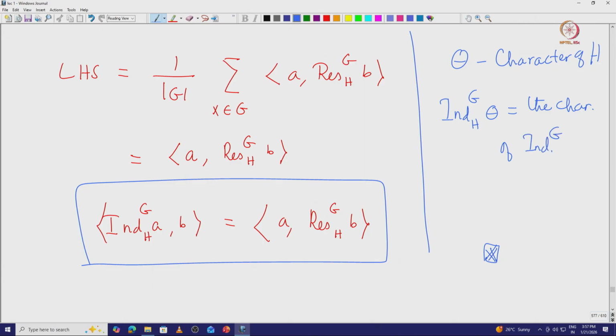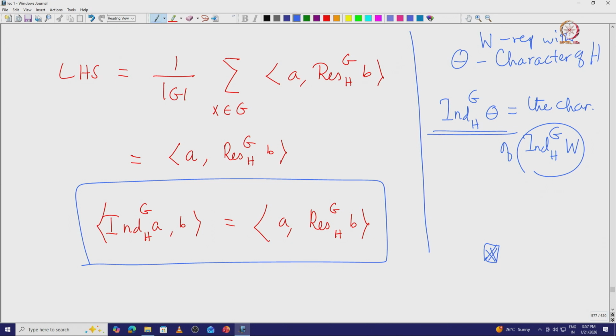Let us say the corresponding representation is W. So, W is a representation with theta as its character, and then the character of this induced representation is exactly given by the induction of this character theta.